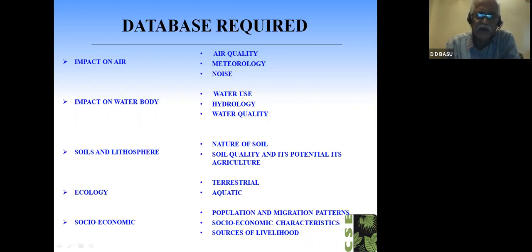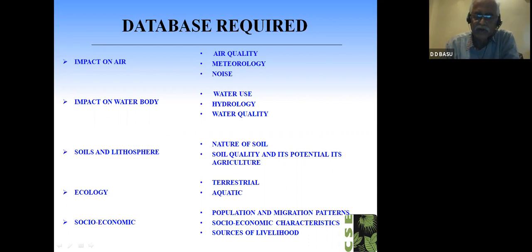Then soils and lithosphere: the nature of soils, soil quality and its potential, and agricultural use. If fertile soil has potential for agriculture with multiple cropping, that land is very important for our food generation. So land has to be understood.